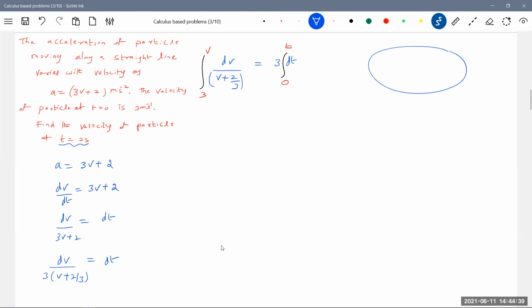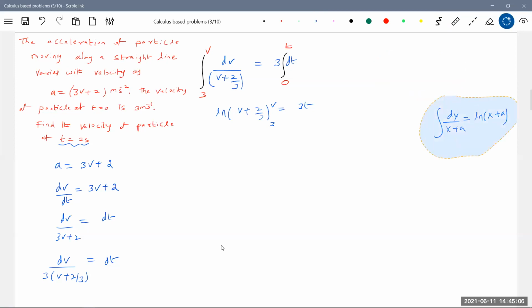The integral of dx by x plus a, if you can remember the formula, is log of x plus a. So it will be log of v plus 2 by 3, from 3 to v, is equal to 3t. The integral of dx by x plus a should be equal to log of x plus a. This is the formula. You have to remember. This is what we used here in this question.